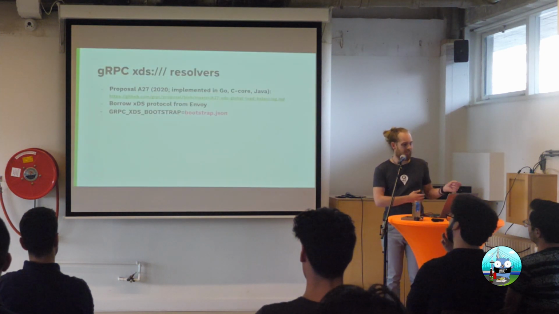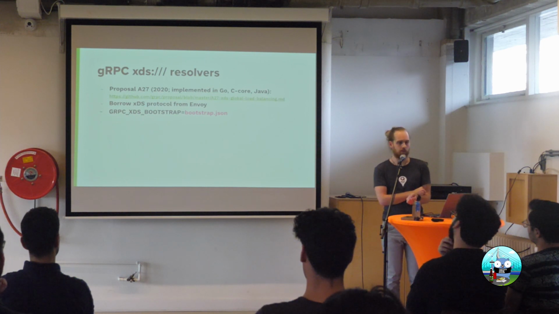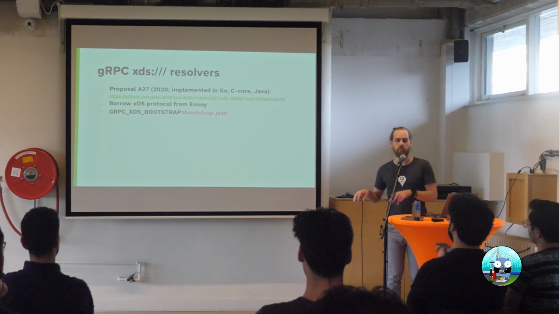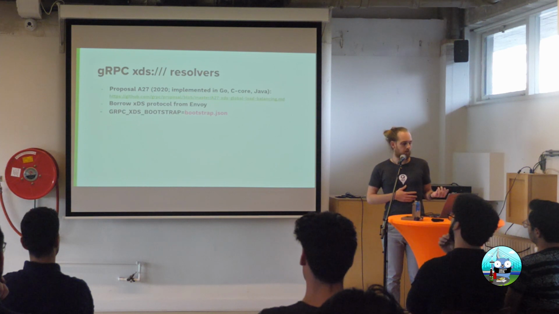But you do not need Envoy because gRPC, the client, which is like the client for Go, but also for C and also for Java, they currently support the xDS resolver. So instead of using dial service, you can use dial xDS resolver.